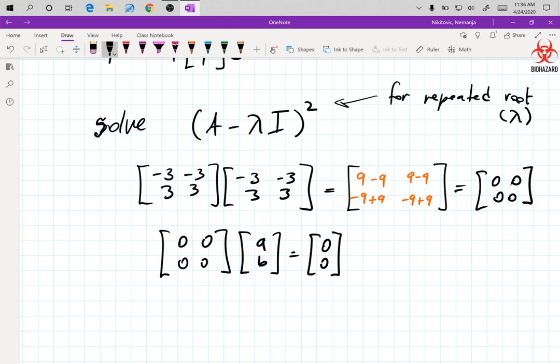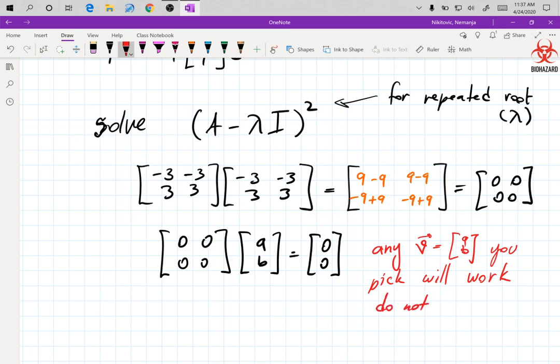And you can literally pick whatever you want because everything will satisfy. So let me write it this way: any v equals a, b that you pick will work. Do not pick 0, 0.